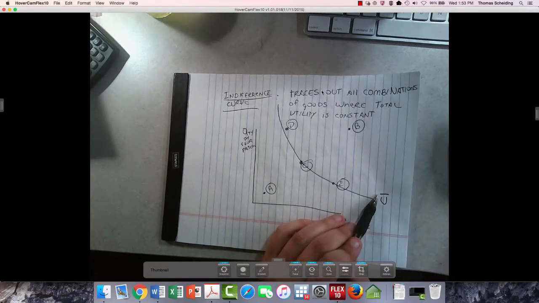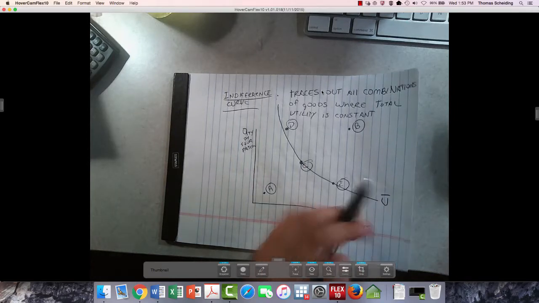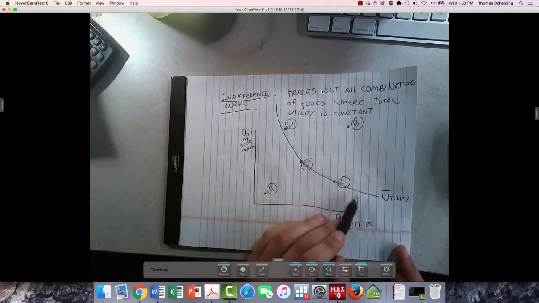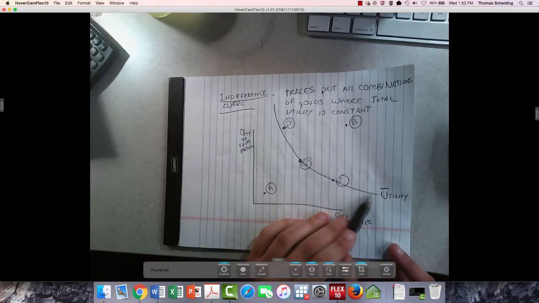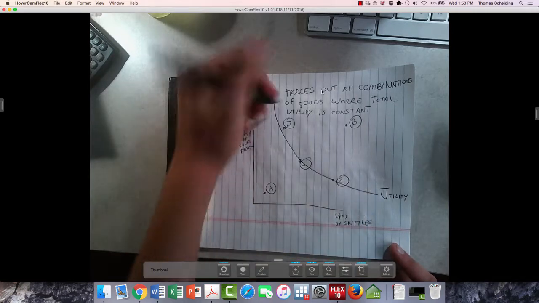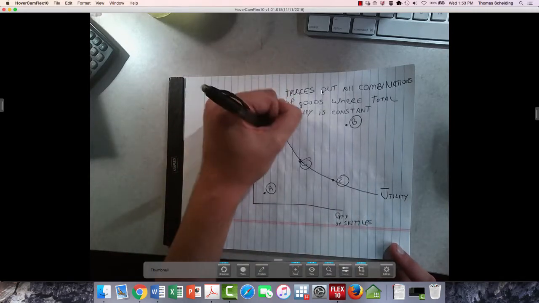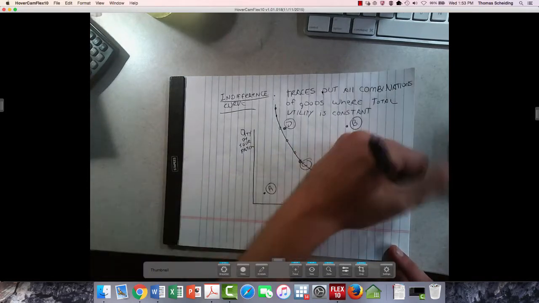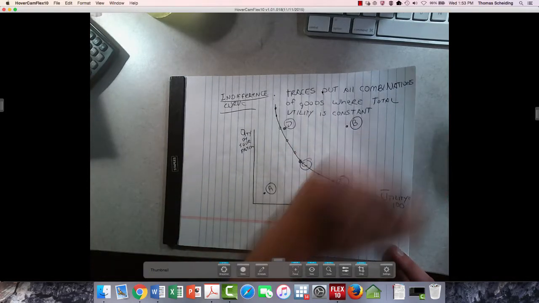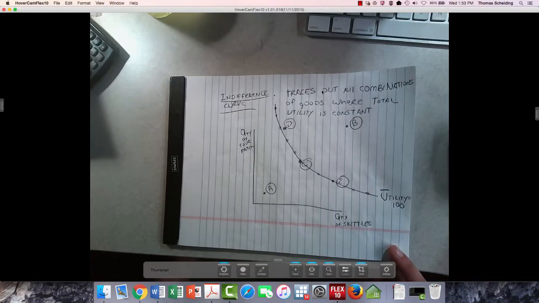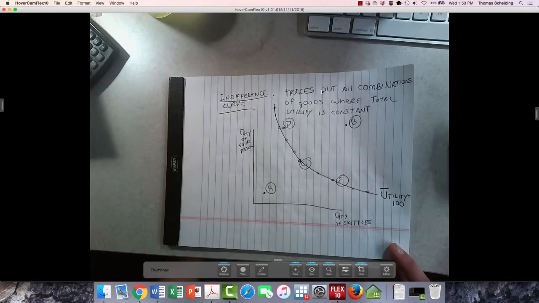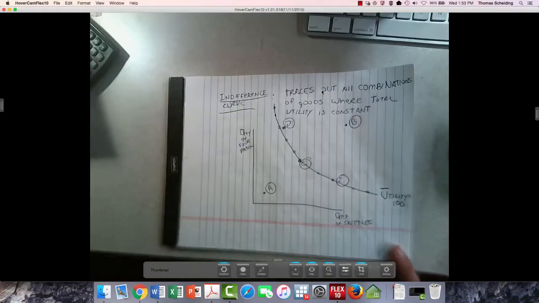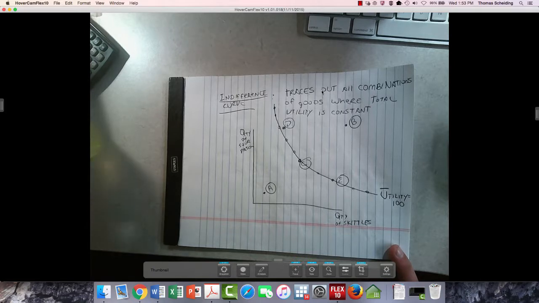By putting a bar over it, I'm basically saying it's constant. So my utility is constant along this line, and all combinations of the goods on this line have the same total utility. Let's just write a number here. The total utility equals 100. I'm making up the 100 number. There's no mathematical knowledge at this point that you would know that it's 100, but let's just say that it's 100.